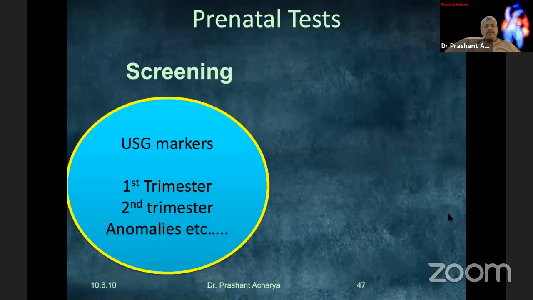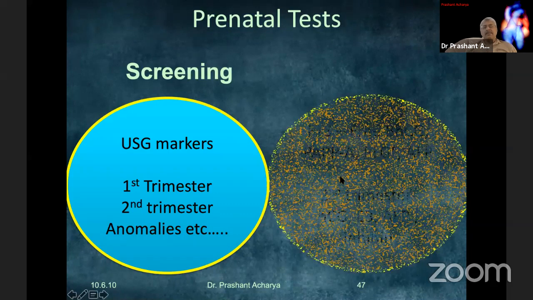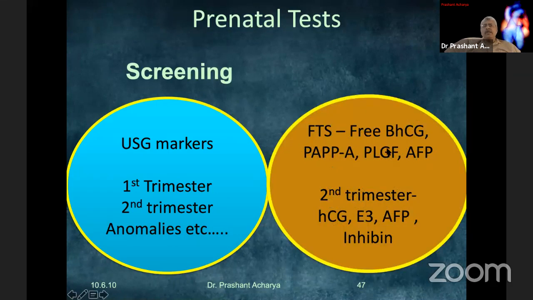Now, prenatal tests, as I told you, are screening by ultrasound as well as biochemical markers. If you look at all the biochemical markers, free beta HCG, PAPP-A, PLGF, alpha fetoprotein, HCG, uE3, AFP, inhibin, all are proteins. Ultrasound markers are the visualization of the anatomy.